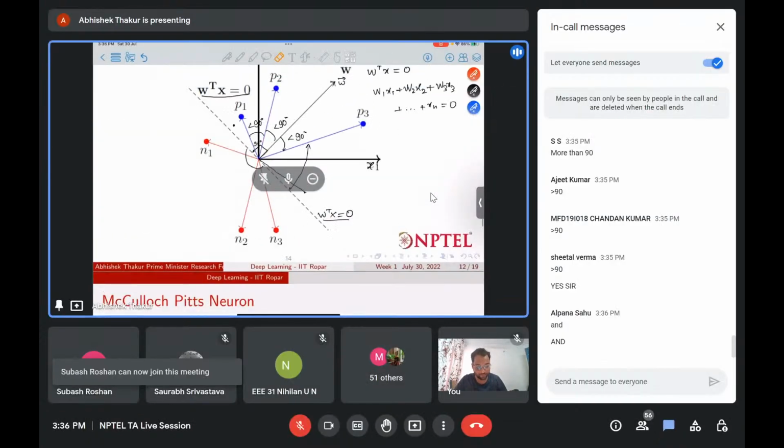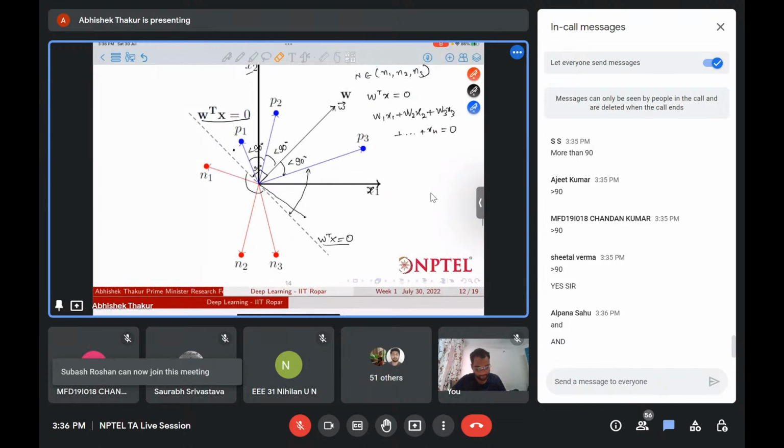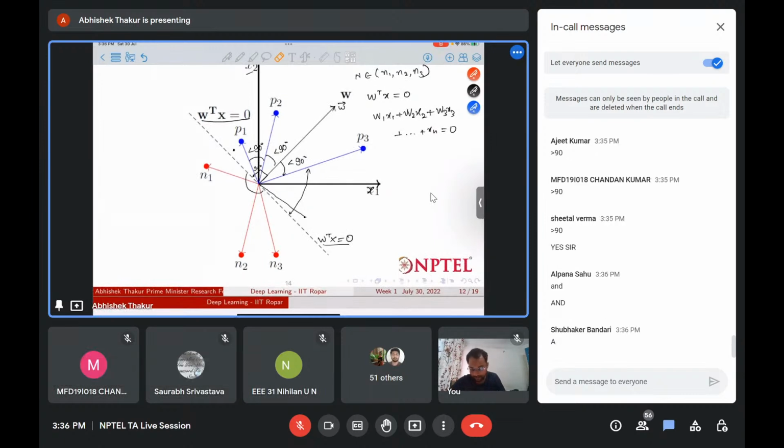And one more thing, how we will find the angle, like any angle alpha.